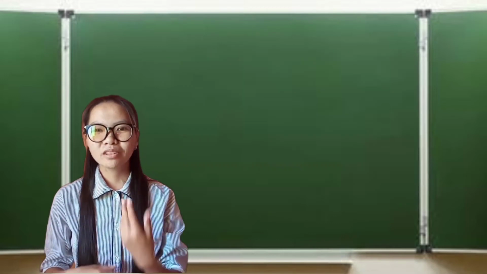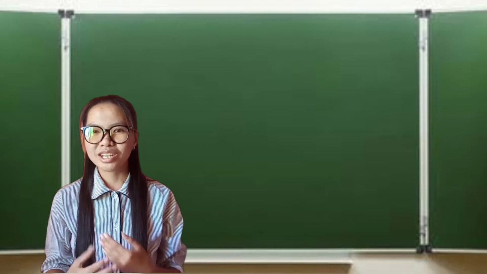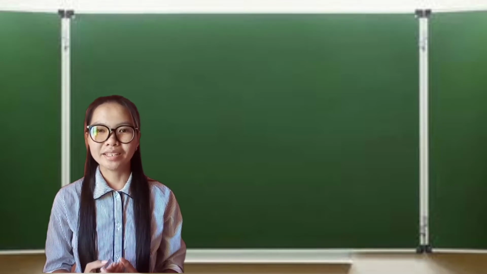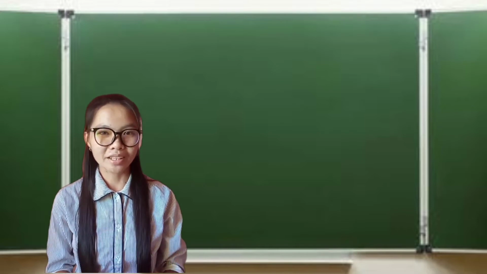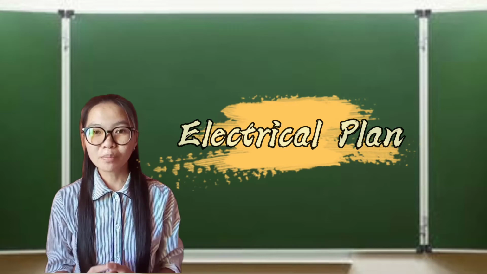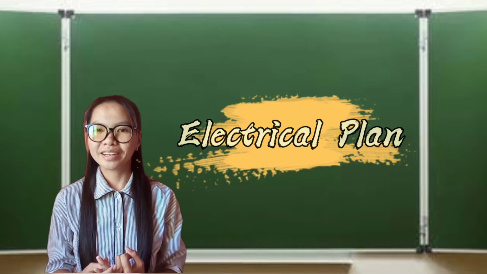So now that we already know our goal and objectives, let us proceed to our discussion. Let's start with the definition of electrical plan. So what is an electrical plan? An electrical plan is sometimes called an electrical drawing or wiring diagram.